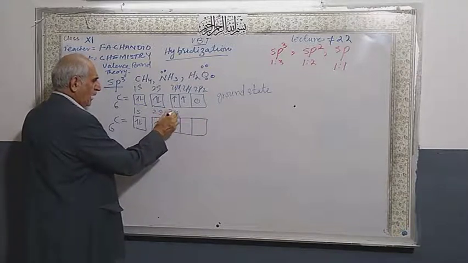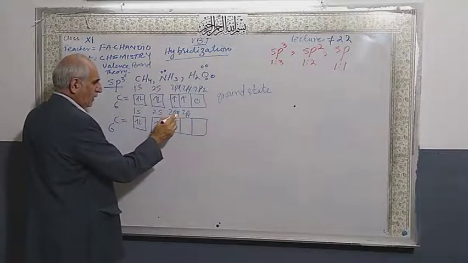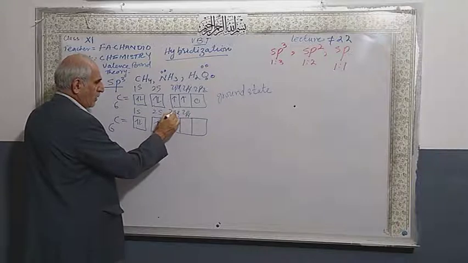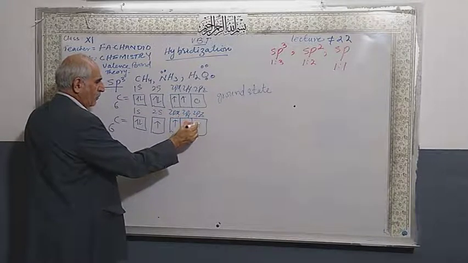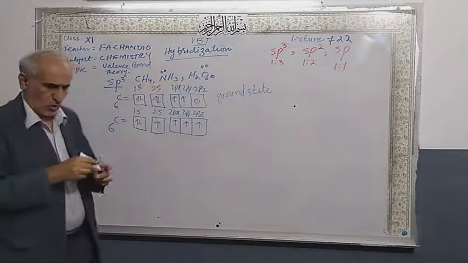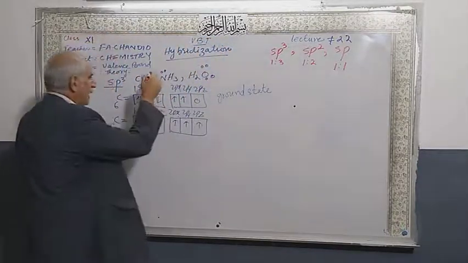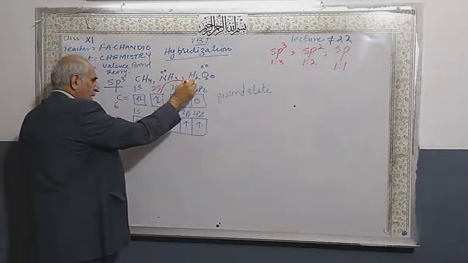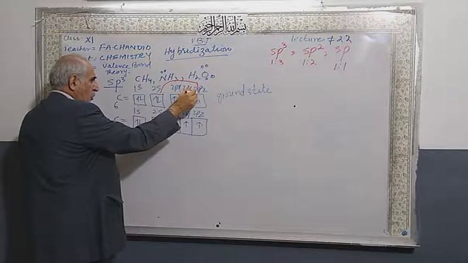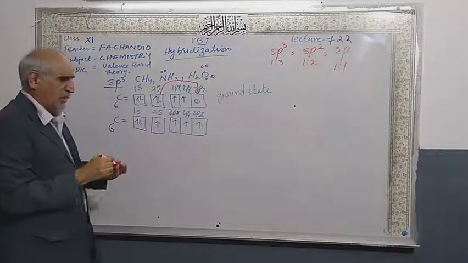So 2px, 2py, and 2pz. So one electron is, you must write, promoted from 2s to 2pz.